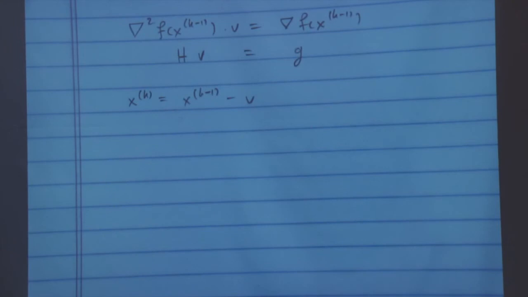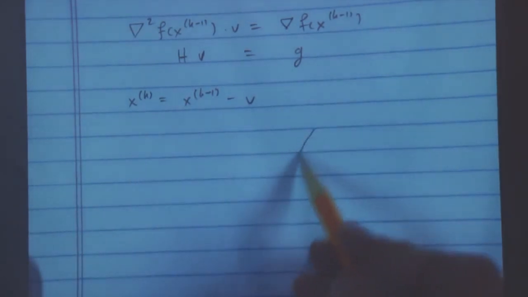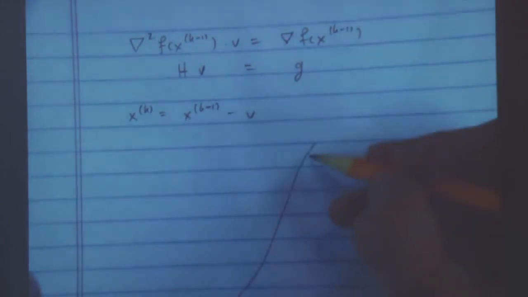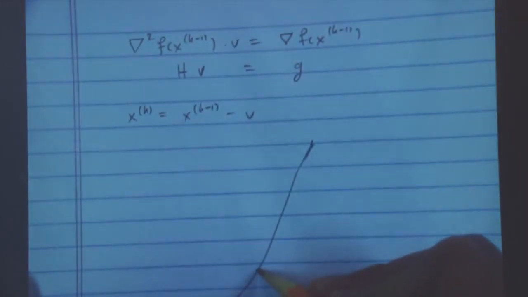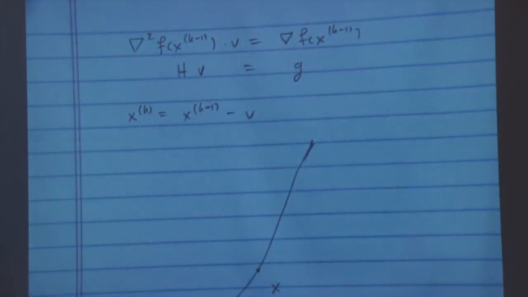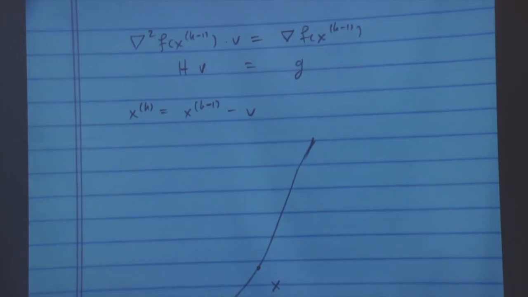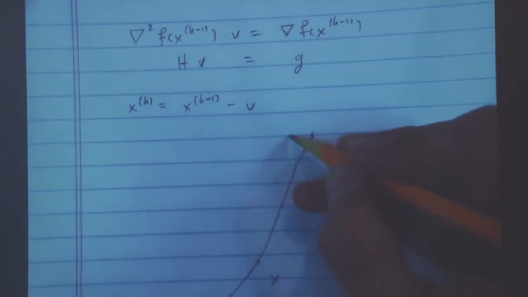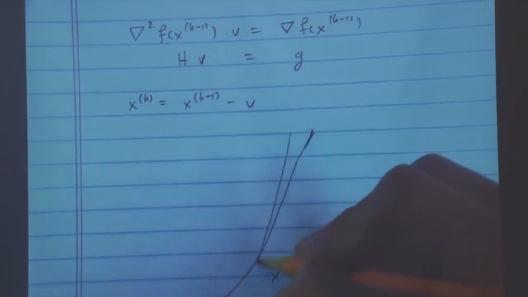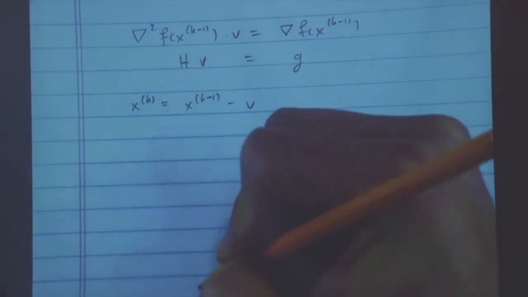All right, so how do we interpret Newton's method? Well, it turns out we can interpret it in a similar fashion to what we did for gradient descent. So remember, for gradient descent, suppose we're at x and we want to make an update. We have our convex function. We said, let's suppose that we form a quadratic approximation to our function at x.